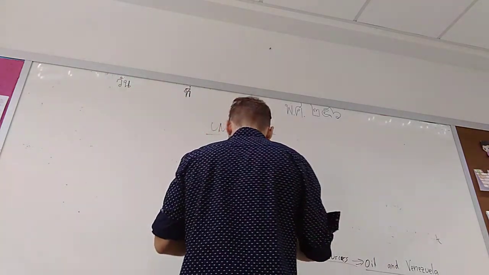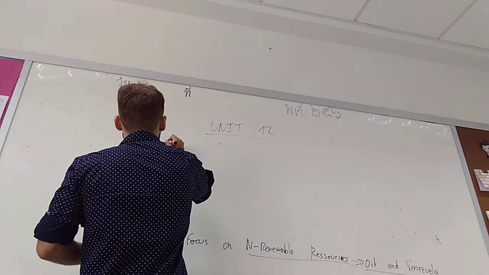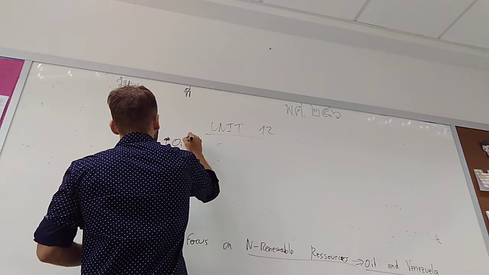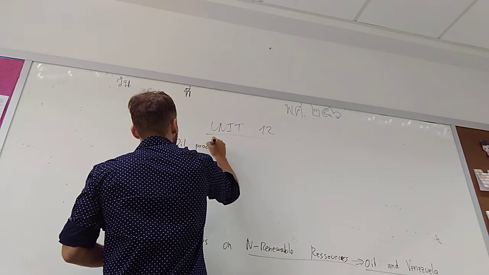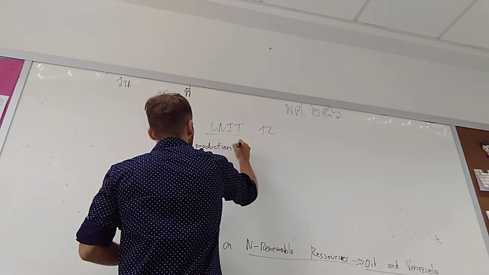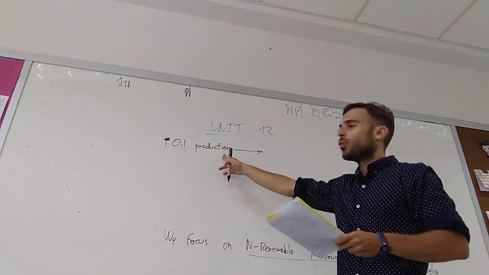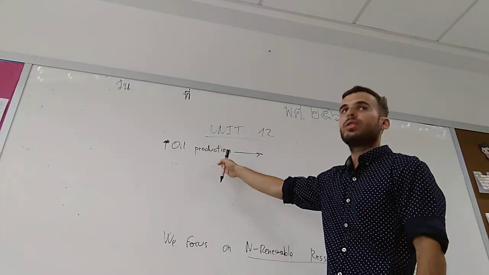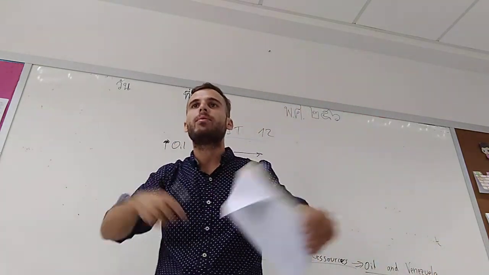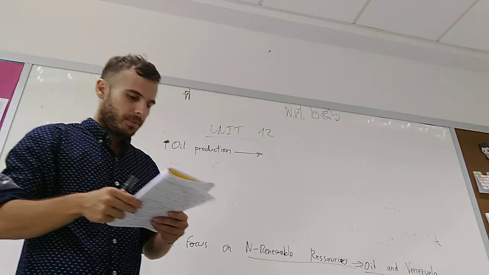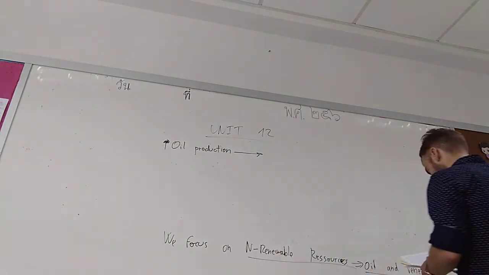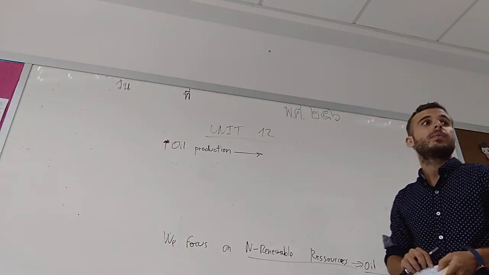So for example, let's say there is an increase in oil production. We have an increase in supply, and the demand is the same. What happens? We have more oil available to buy, so the price will go down.